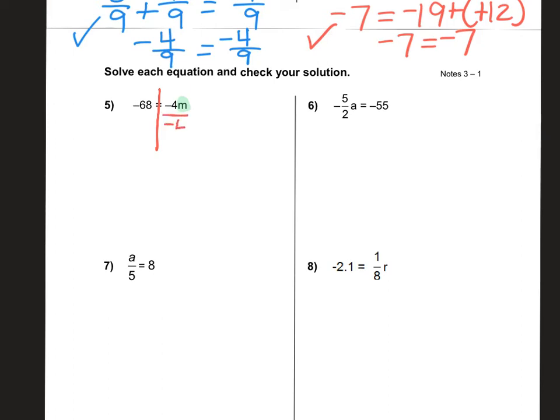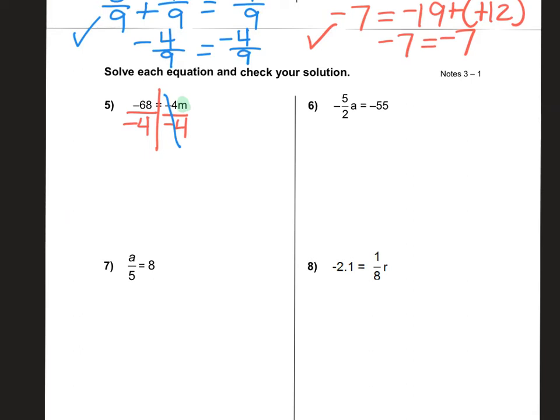So this is how we show division. You can see that -4 divided by -4 is going to make 1, so we don't need to write 1m. Also remember, whatever you do to one side, you do to the other. And so we're going to do -68 divided by -4.